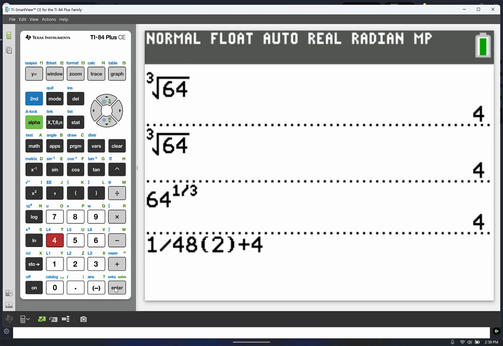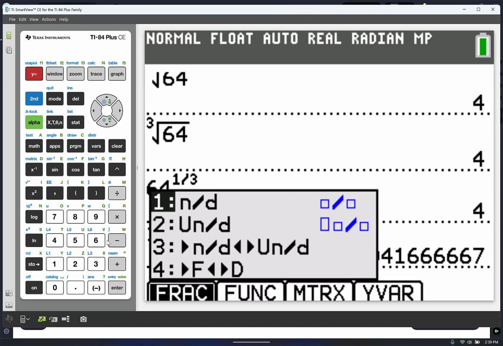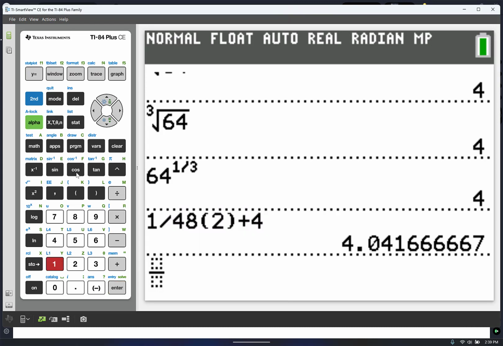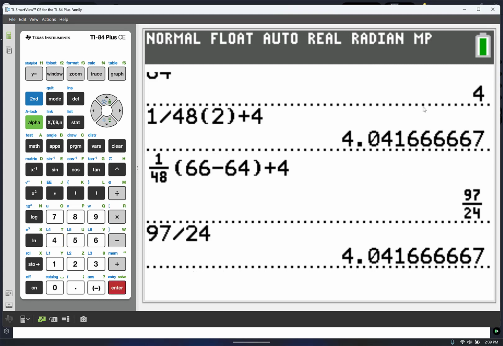If you feel like this is prone to error, then use the little fraction feature like this: 1 over 48 times 2, or 66 minus 64, and then whatever that is plus 4. Oh, by the way, that is this decimal here. Watch. 97 divided by 24. You can tell the calculator to give you a decimal. It's up here. That MP stands for math print.